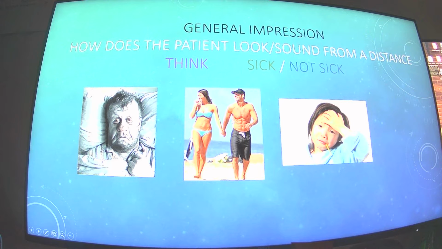Guys in the middle, not so much. Okay, so think sick or not sick, and we got to get our general impression. Okay, and it's not just how they look. You can hear things. If you hear somebody breathing from across the room, not normal, right? You can't hear a non-sick person breathing from across the room. Okay, so if you can hear them breathing, that might be an indication of how sick they are.